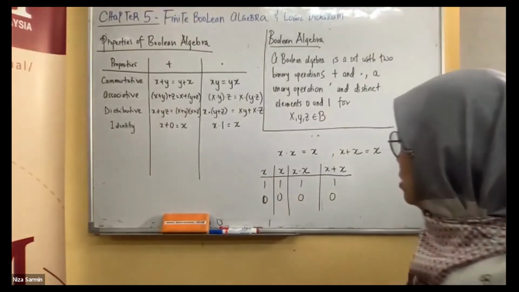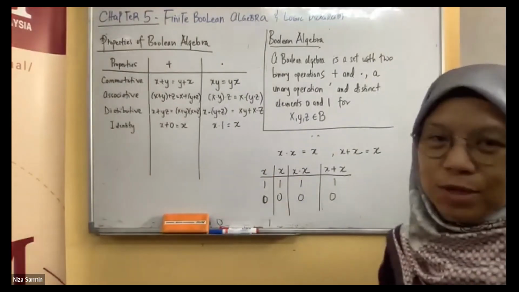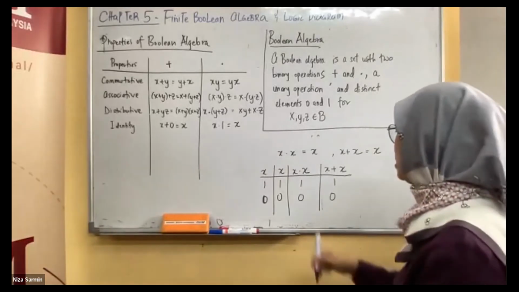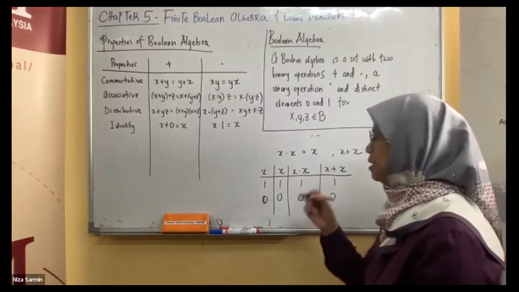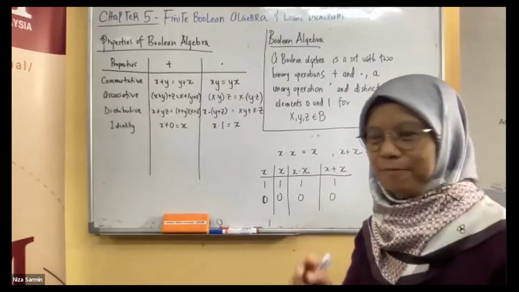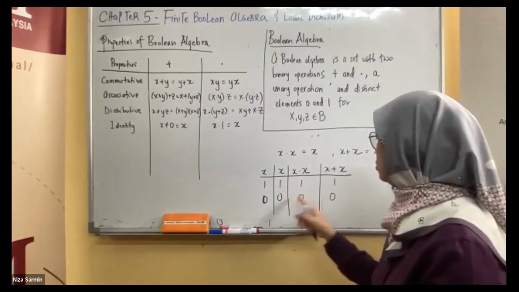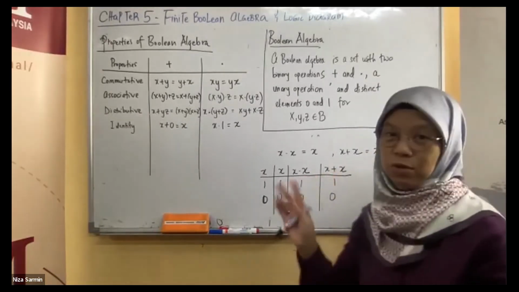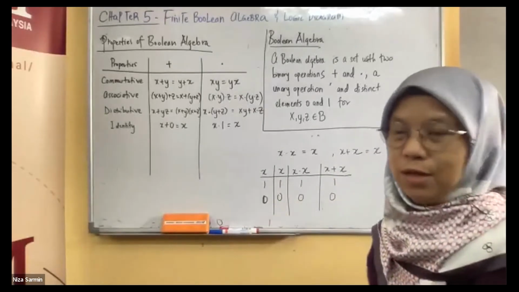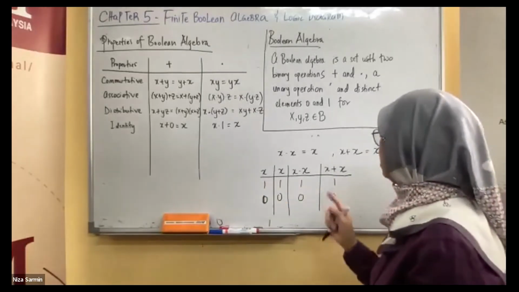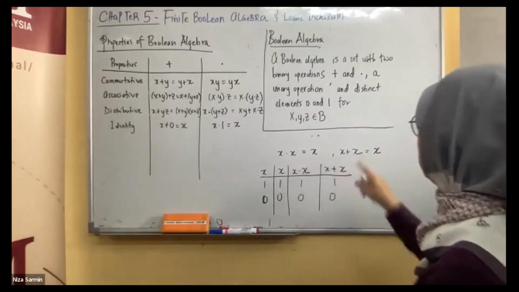We have x is 1, 0. Another x is still 1, 0. So if you multiply x and x, both 1 is 1, right? So 1, 1, 1, 0, 0, 0. And for addition, you have to have at least one 1 to get 1.